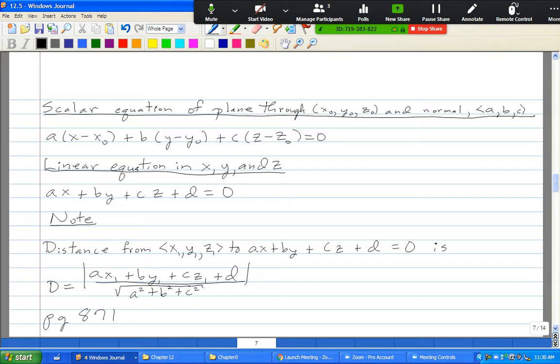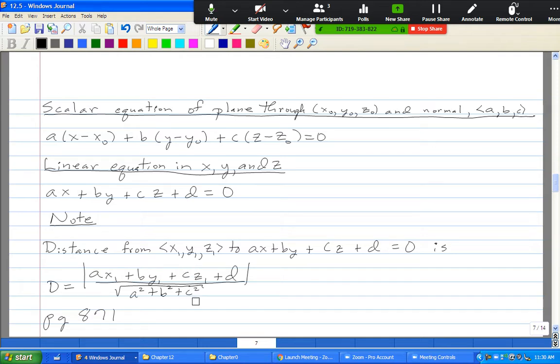So this is identical to what we had from before. The only difference is that this has three terms, so this is in 3D rather than in 2D.